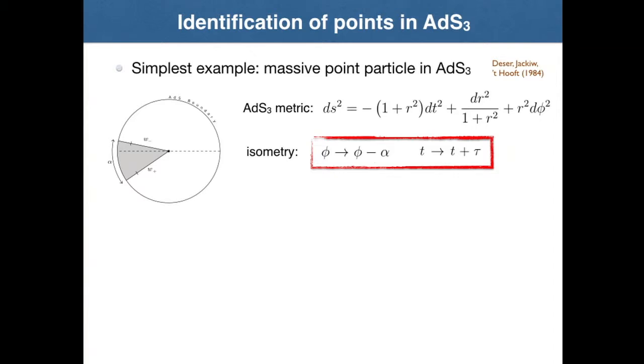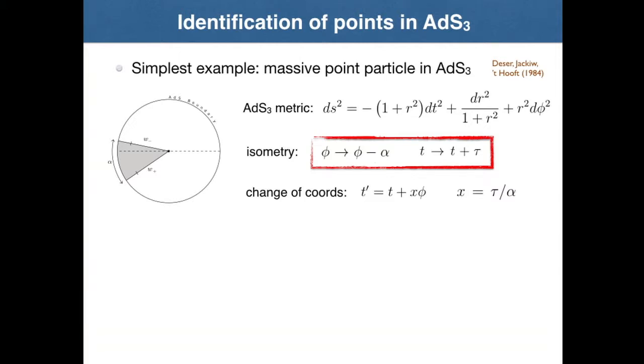In this picture, I visualized what happens if you consider a shift in the angle. You can draw two regions, and you identify this plane and this plane thanks to this isometry, and essentially by doing this identification you cut out this region of space. If you also want to give spin to the particle, you also have to consider a shift in time.